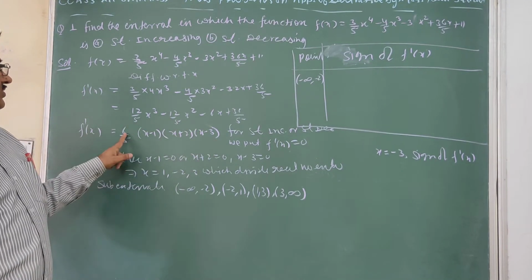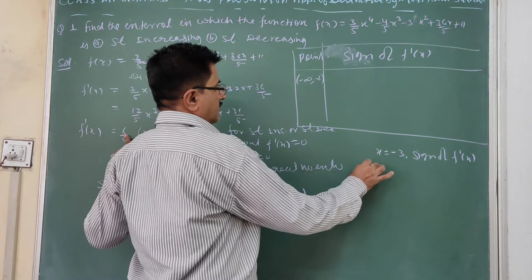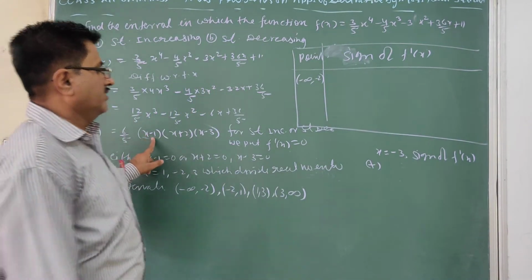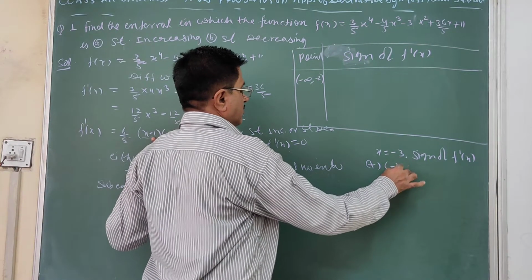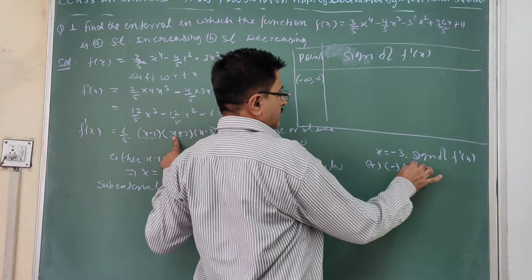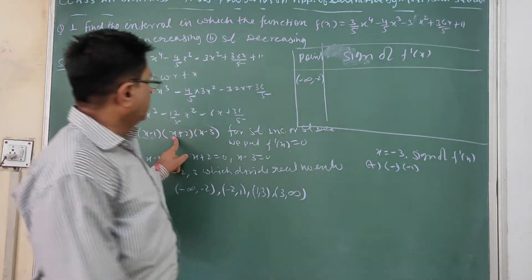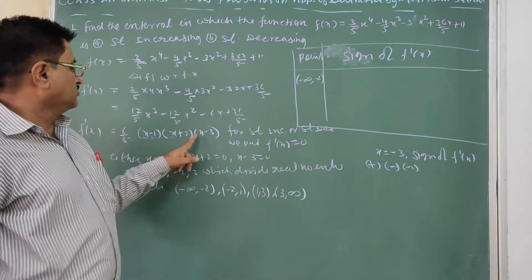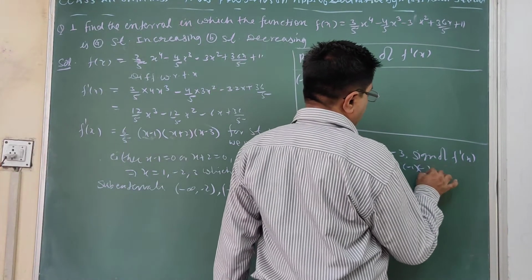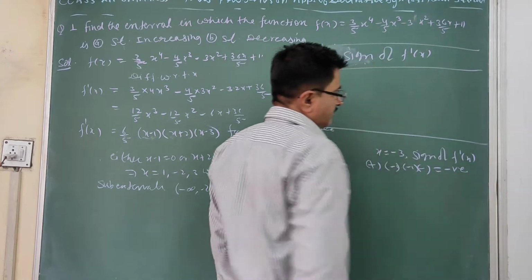Here this is positive, and this is minus 3 minus 1, that is negative, minus 3 plus 2, that is negative, and minus 3 minus 3, that is also negative. So overall you can say negative.